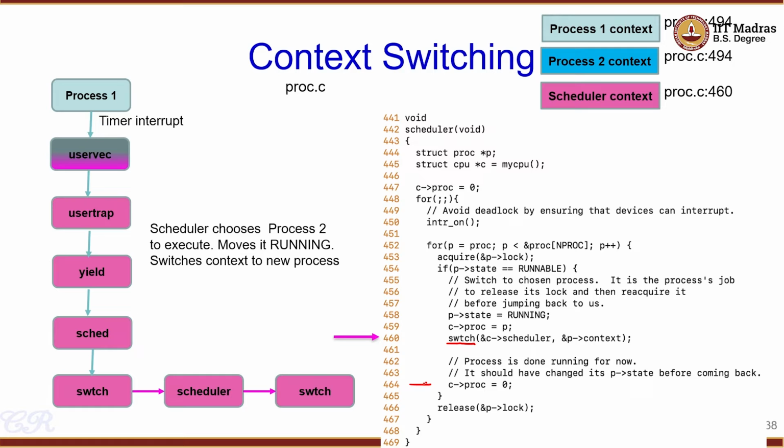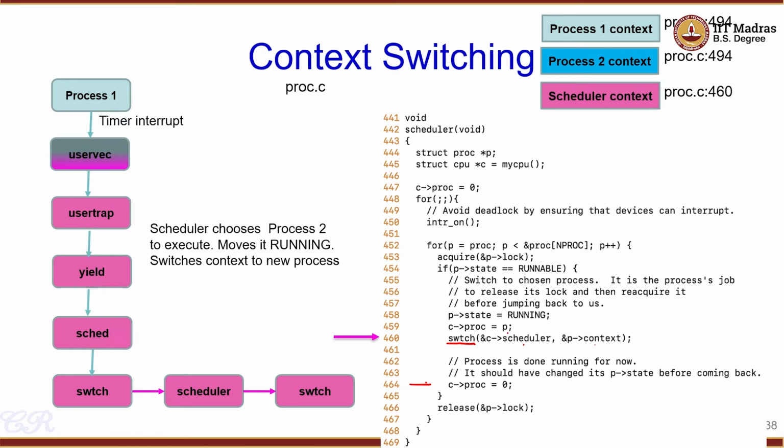Why does this happen? It happens because, as we see here, the scheduler itself invokes the swtch function to change context from the scheduler context to the process context.